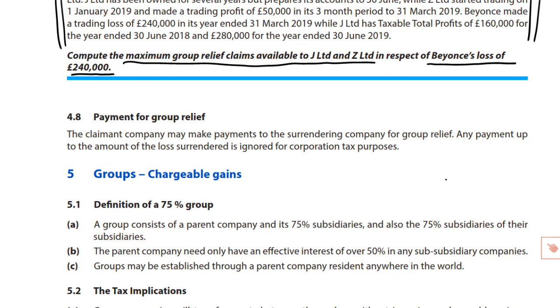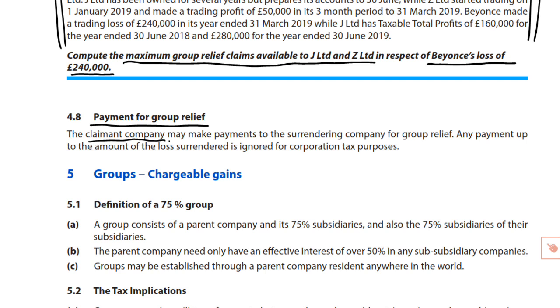Moving on from there, for just a very small point, the situation of payment for group relief. The claimant company is obviously benefiting from receiving the loss from the surrendering company. Therefore, its tax charges are being reduced. It is getting a tangible cash saving in the amount of tax that it pays by being able to use another company's loss.